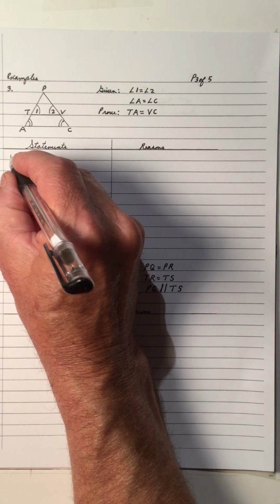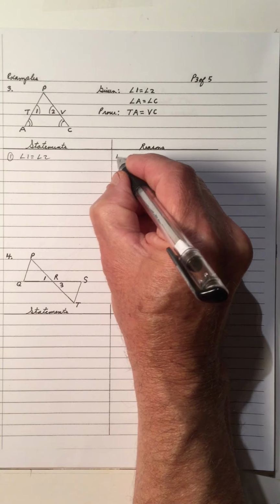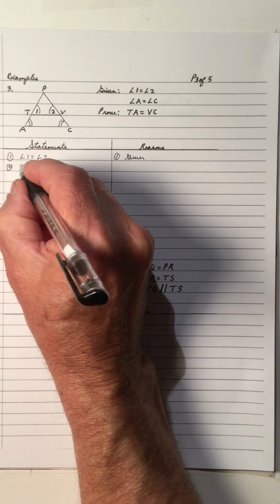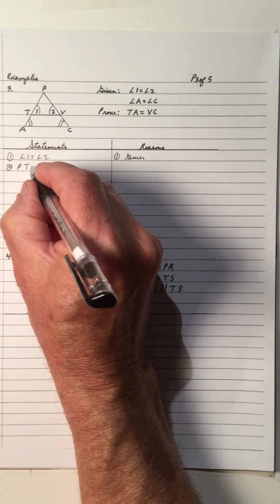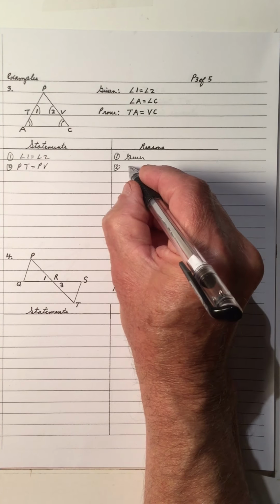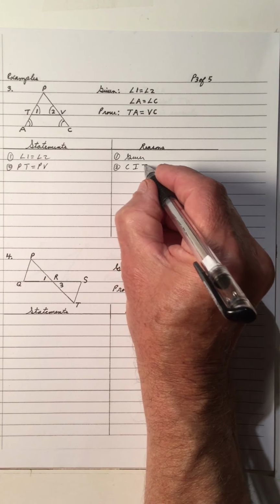So, there we go. Angle 1 equals angle 2, given. As a result, I got PT equals PV, and that's the converse of the ITT.